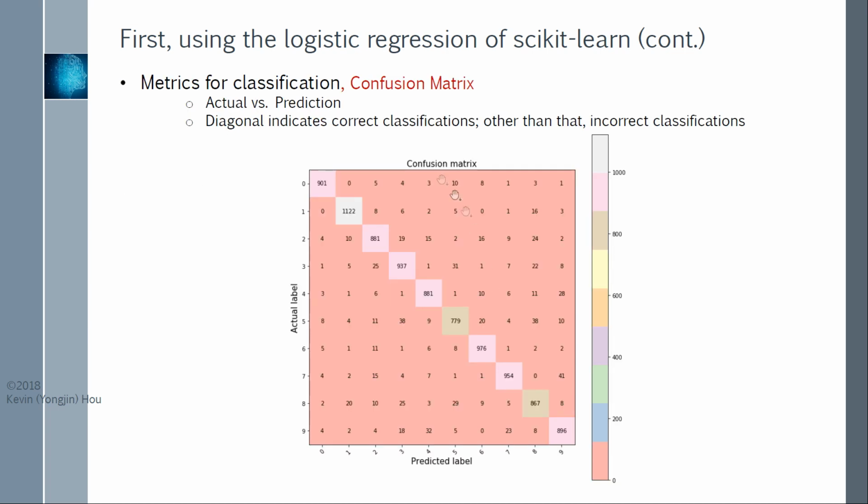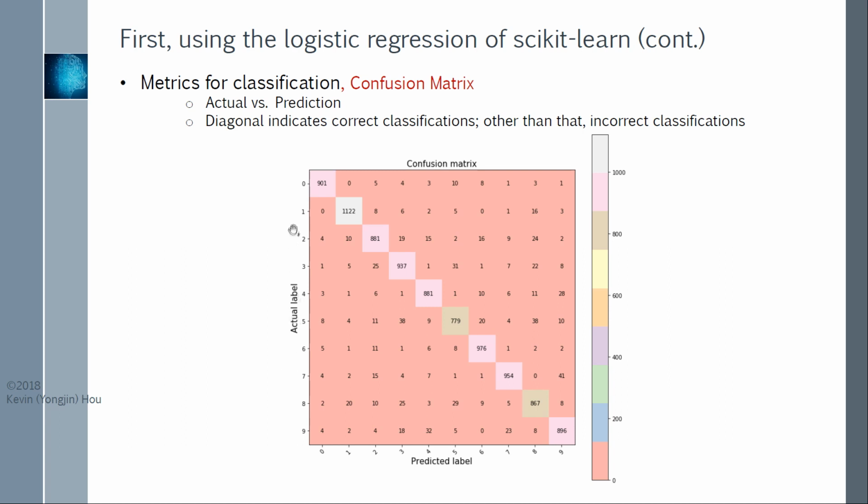Another metric is also very useful. It's called the confusion matrix. So how do we read it? Now, rather than getting a simple percentage of accuracy, we actually get more information. Here is the confusion matrix.